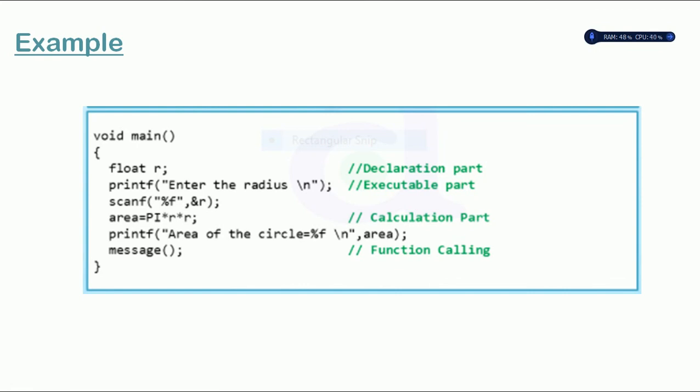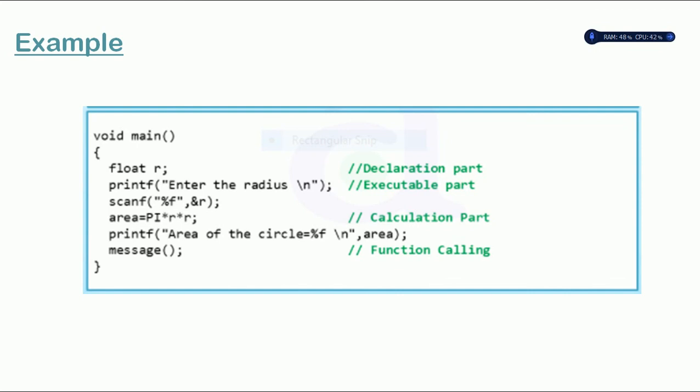Coming to the next part, before you write your main function, you have to include your header file. If you need, you can declare your global variables. If you need, you can define some constants. These things you must do before your main function, and after that it cannot be recognized. Now coming to function definition, you can write it anywhere.